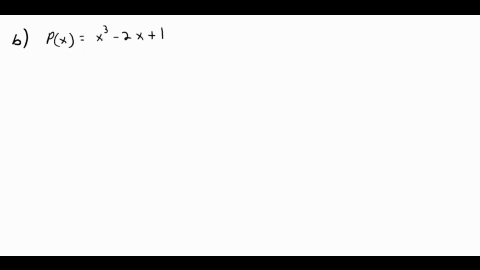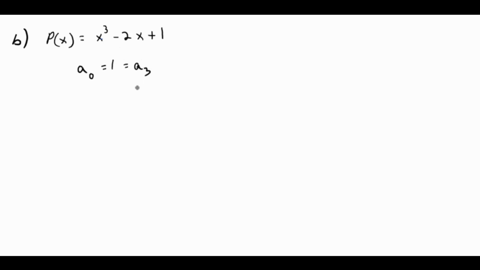Part B, same directions, find the zeros. Now, the whole thing about finding the possible rational zeros is no problem here, because look, what's a naught? 1. What's a_n, which is a_3 in this case? 1.